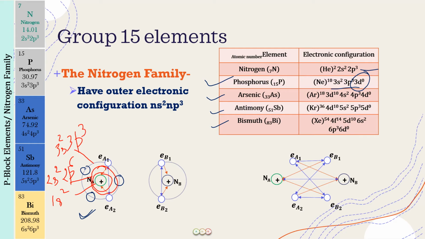Is it clear? Okay, so now in between the nucleus and the electrons, there are more electrons present, and these electrons, they are also being attracted to the nucleus, but they are repelling the valence shell electrons, and this is what we know as the screening effect or the shielding effect.